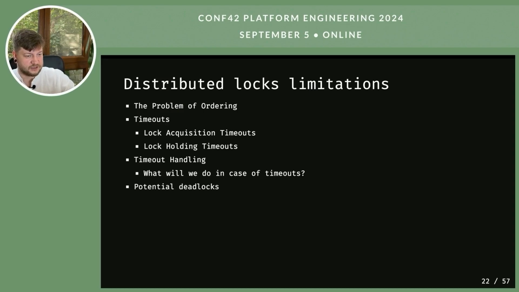And of course, potential deadlocks. That means that, for example, we want to hold a lock for the transfer, for the check, for a customer, for a recipient, and to modify the state, we need to touch every object there. And potentially, it can be challenging to understand and to guarantee that there is no deadlock. A deadlock is when, for example, we've got a lock for the transfer, we are trying to get a lock for the recipient, but another process started with the recipient and after that the transfer.